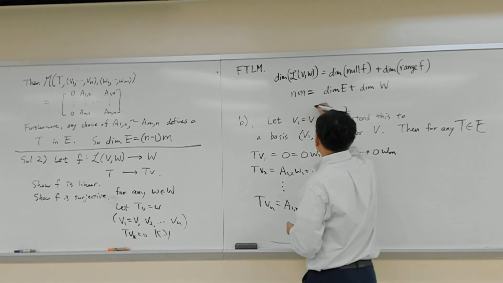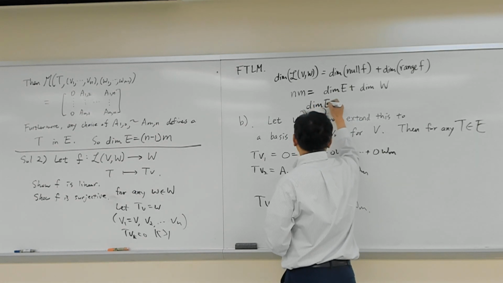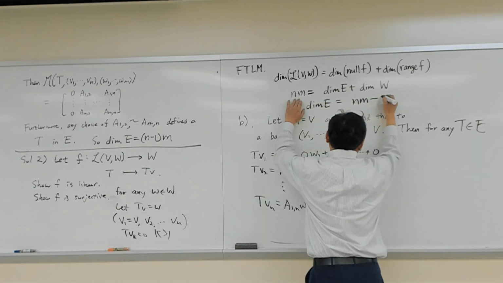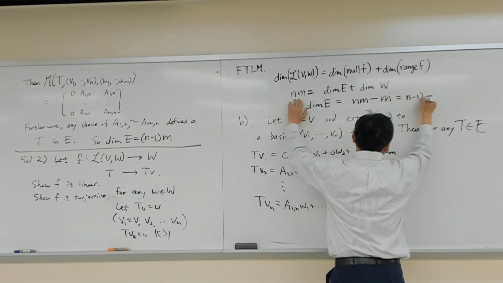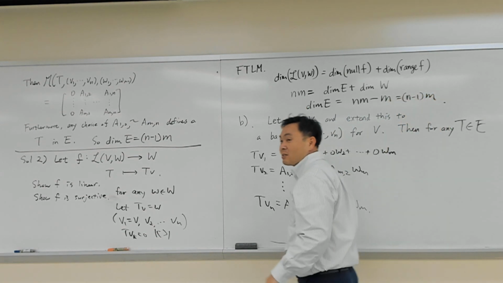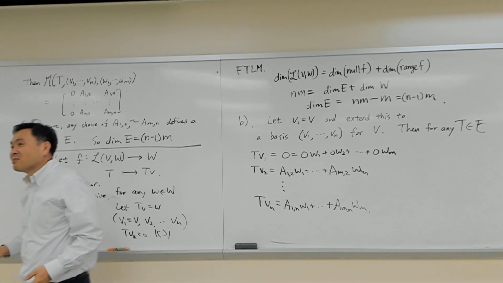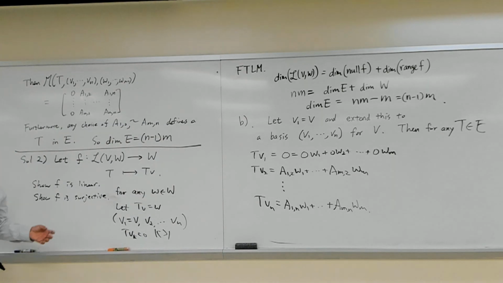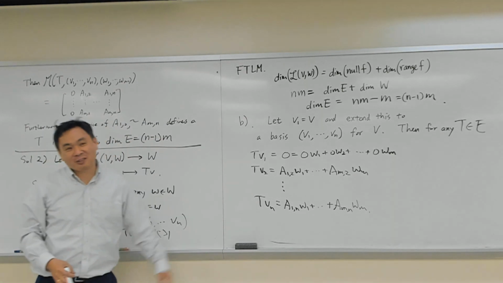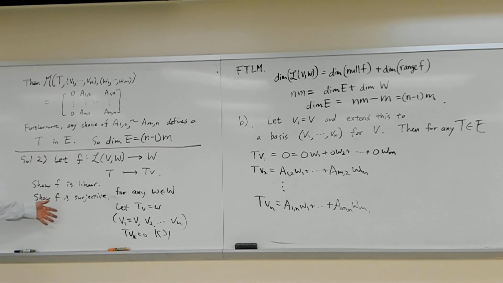So the dimension of E is nm minus m, which is n minus 1 times m. That's a fancier way of doing things. It's less intuitive, and I like the explicit approach better. But mathematicians like this kind of argument, using some fancy theorems. That's all.